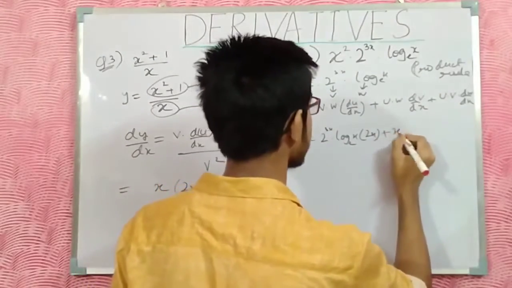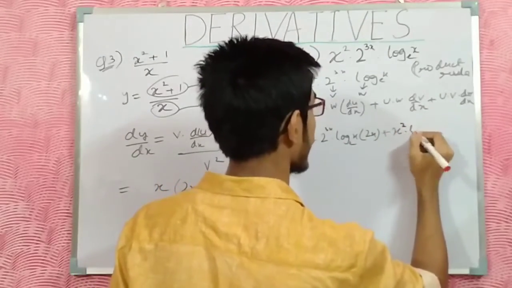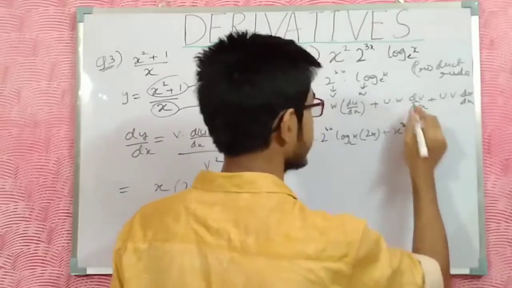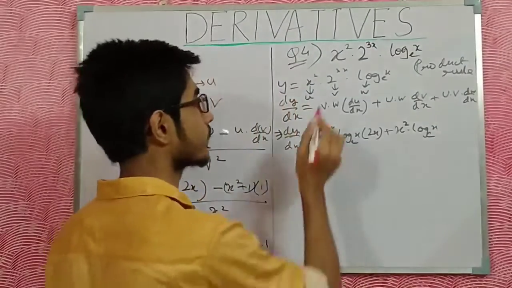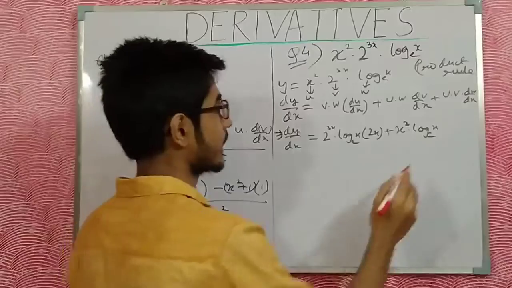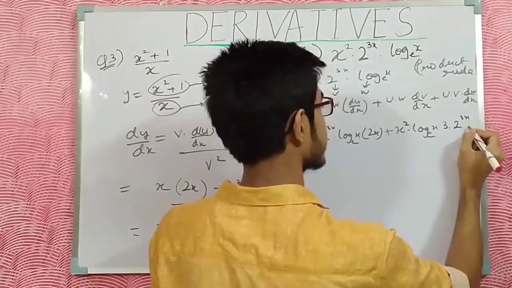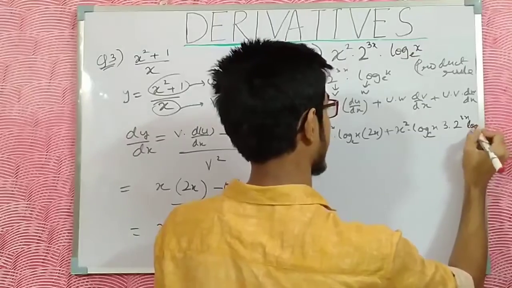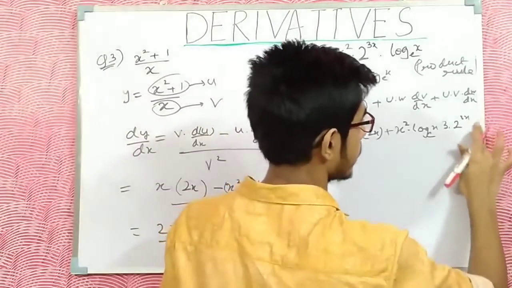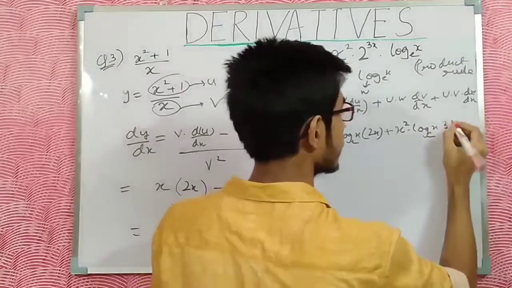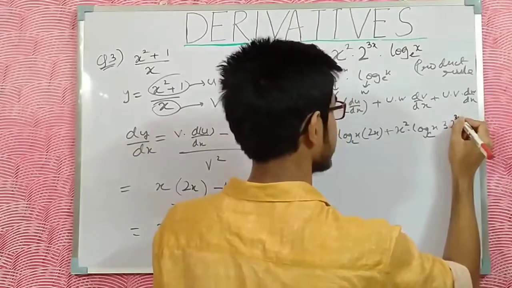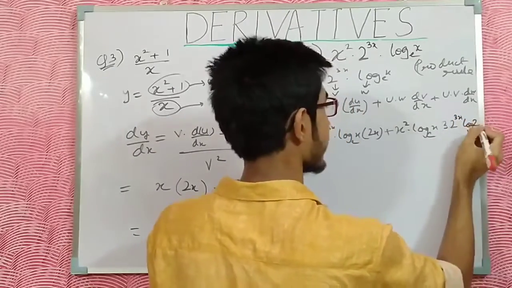Then u into w is x square into log x. v is 2 to the power 3x, which will act as a to the power mx, for which I have given the formula m into a to the power mx into log a. Log a is log 2. I'm writing it here, that is 3 into 2 to the power 3x into log 2.